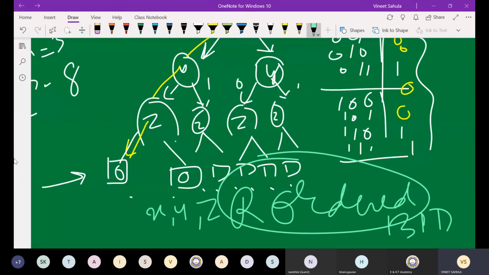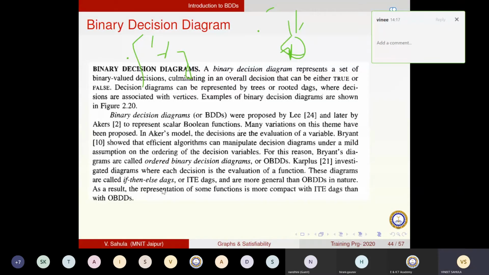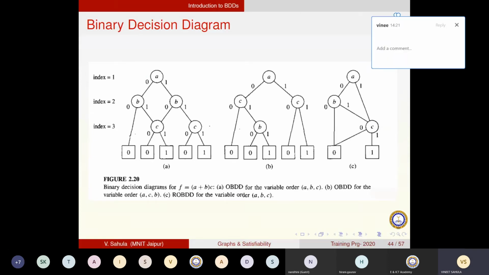Now we come down to the reduction process. How to reduce? So that is the last step now, 5 more minutes. So I will come down to reduction, how to reduce. To reduce a BDD, this is the method. Suppose I have drawn a BDD for some function, right?